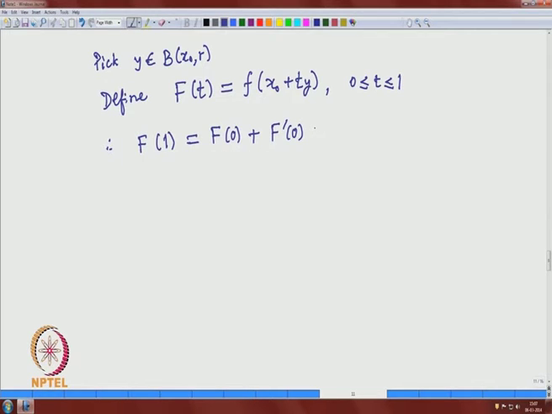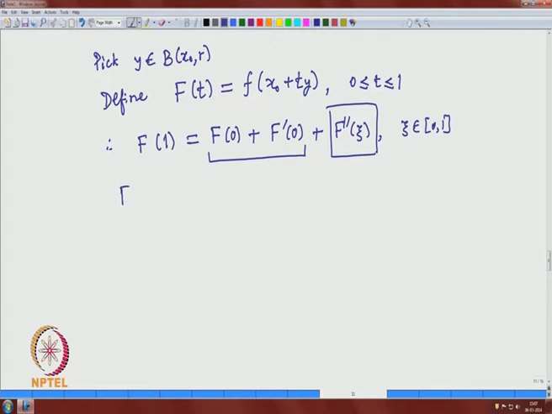That is fine, and then F double prime of xi, where xi is between 0 and 1. Okay. Just try to ignore this second order derivative, we are not interested, again that is bounded. We are just interested in seeing the linear terms. Okay.